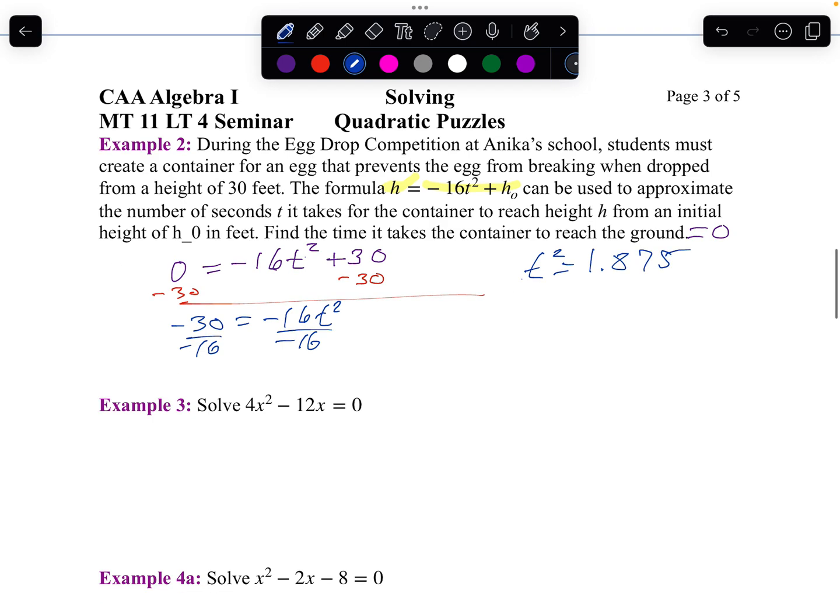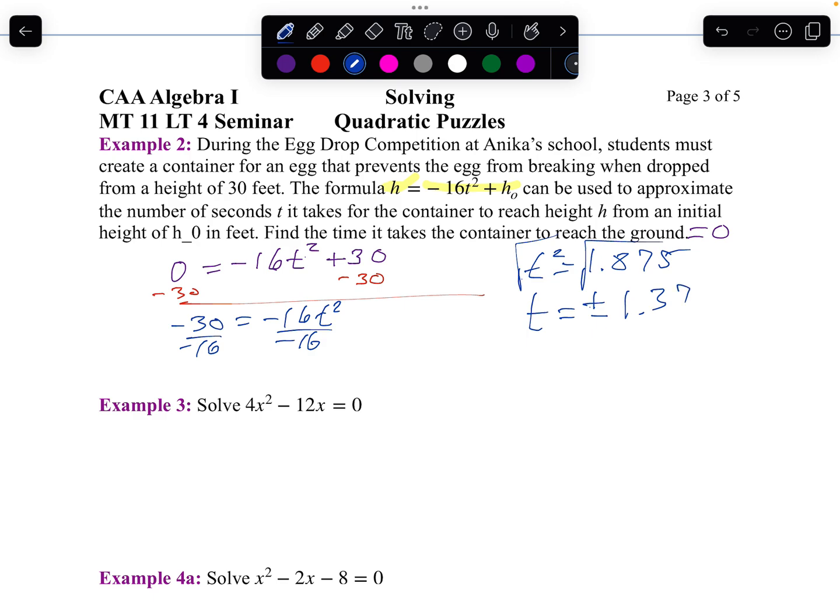And we take the square root of both sides. So t equals plus or minus, because remember we have two answers, the square root of 1.875. And that's like 1.37, we'll say. Now, can time be negative?